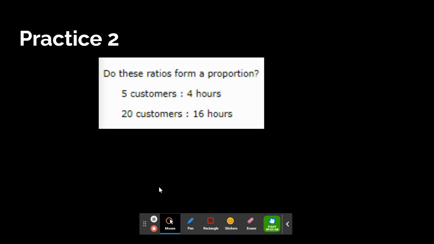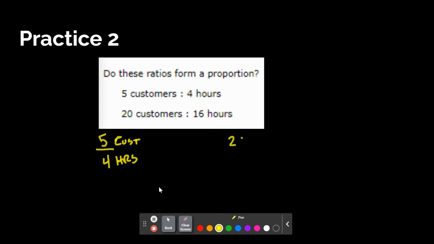All right, let's see. Are these two proportional? Let's find out. 5/4, I'm just going to say 5 customers to 4 hours. Okay, that cannot be reduced because 5 is a prime number. And let's go ahead and see if 20 customers over 16 hours is equivalent to this ratio.